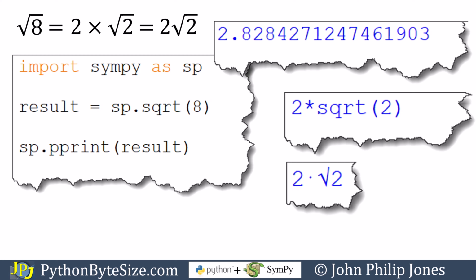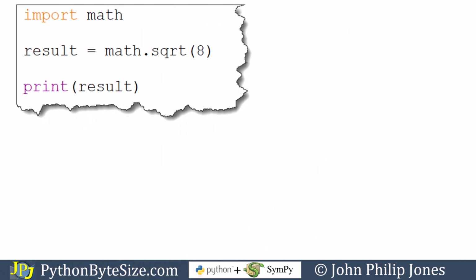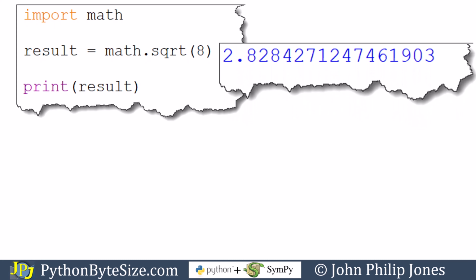Let's have a look at 2 of the computer programs we've looked at in this video on the next slide. This is the one where we use the math module and we found the square root of 8, and its runtime was shown here. We have to remember that the square root of 8 is an irrational number, so what you're seeing in front of you is an approximation to the square root of 8.